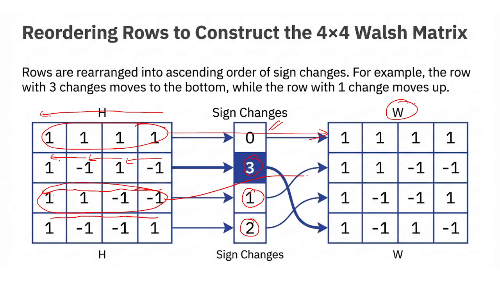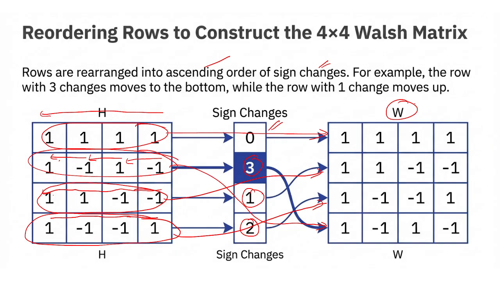Then the next number of sign changes is in the last row, it goes in the third row, and lastly the second row of the Hadamard transform comes over here. Okay, so the rows are rearranged into ascending order of sign changes. For example, the row with 3 changes moves to the bottom, while the row with 1 change moves up.